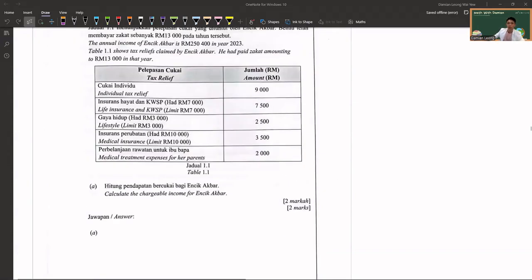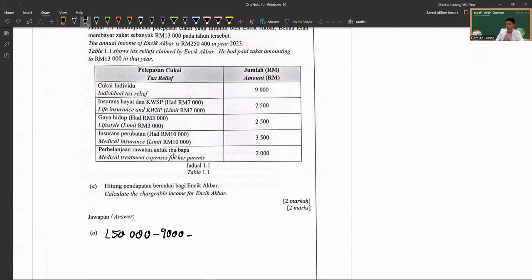So chargeable income, basically we take the total income minus off all the relief that we have. So make sure you follow the limit. Minus 9,000.